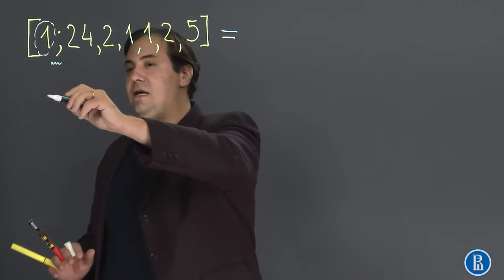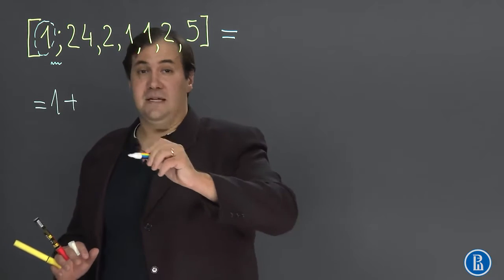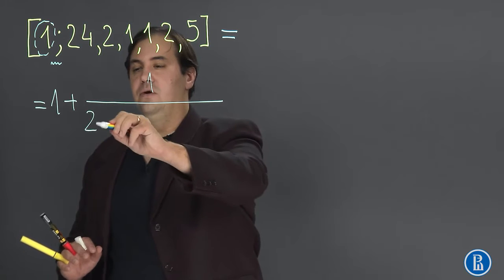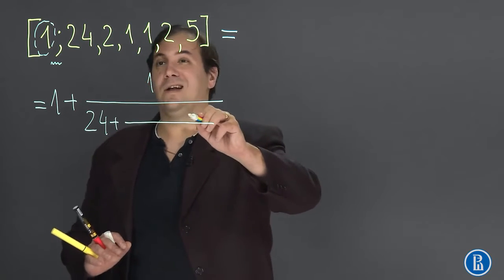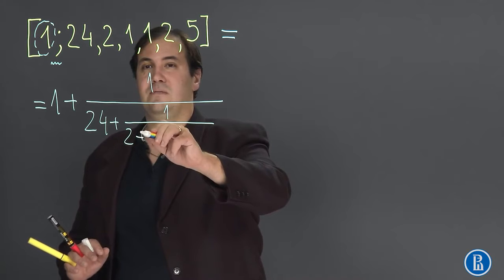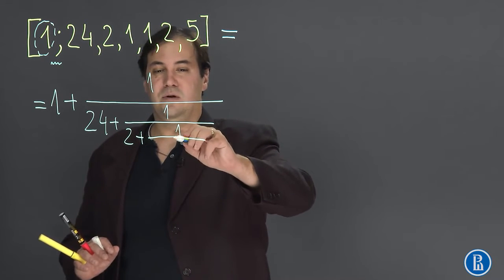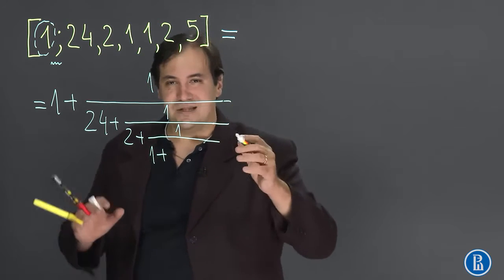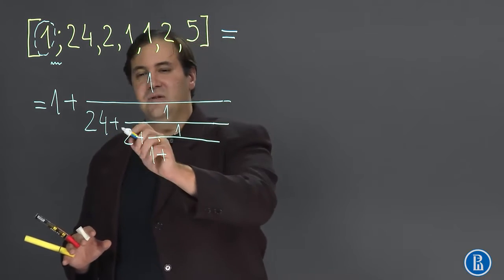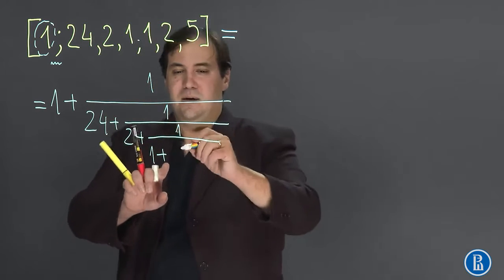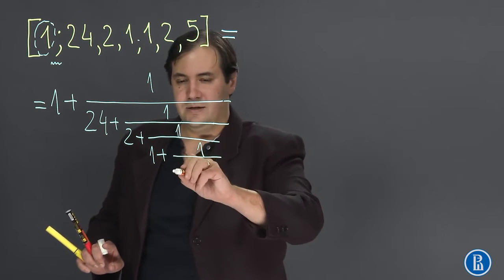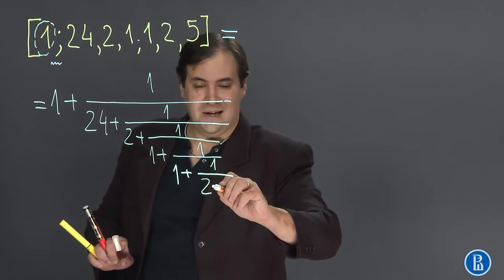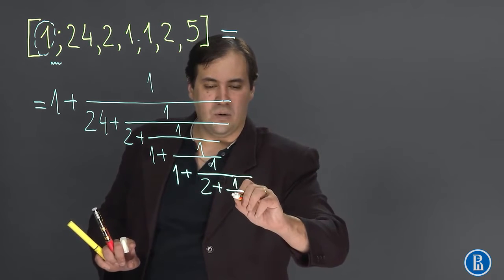So this is equal to 1 plus 1 over 24 plus 1 over 2 plus 1 over 1, and these fractions get smaller and smaller. 22, 2, 1, 1 one more time 1, plus 1 over 2, and finally plus 1 over 5.